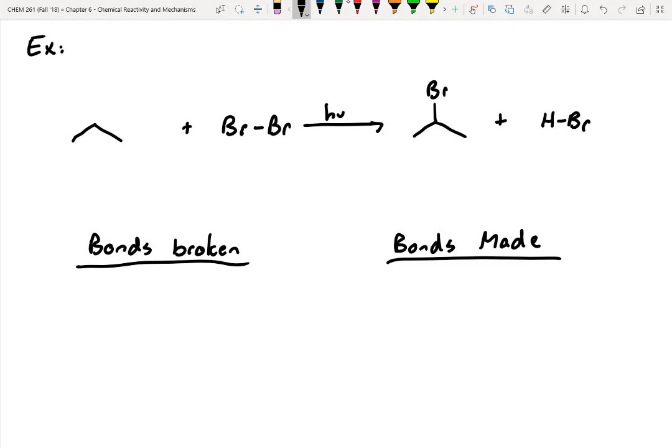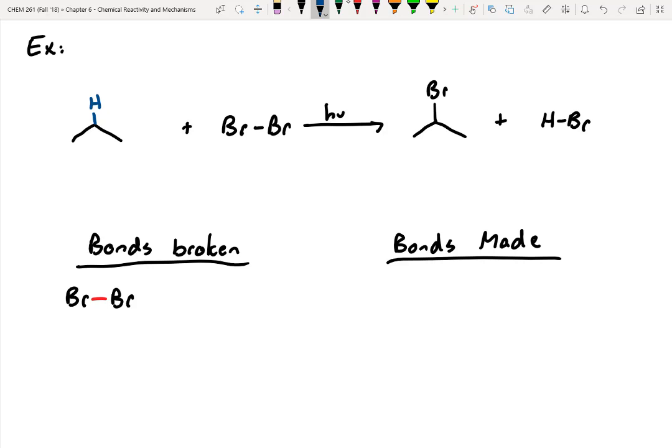What's the first and most immediate one that's clearly broken in this reaction? Br-Br, okay? So I'm just going to go ahead and say we're cleaving this bond between two bromine atoms. All right, what's the other one? Carbon-hydrogen. Sometimes people forget that in this reaction, that blue hydrogen right there is no longer there. So we're losing one of those carbon-hydrogen bonds.